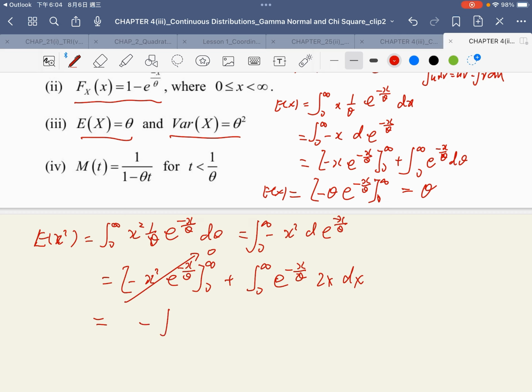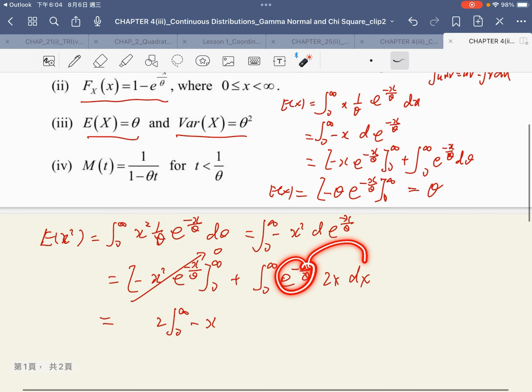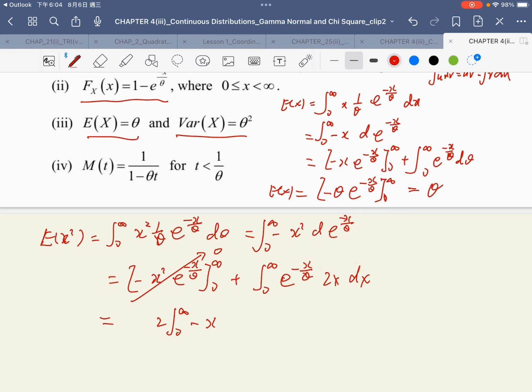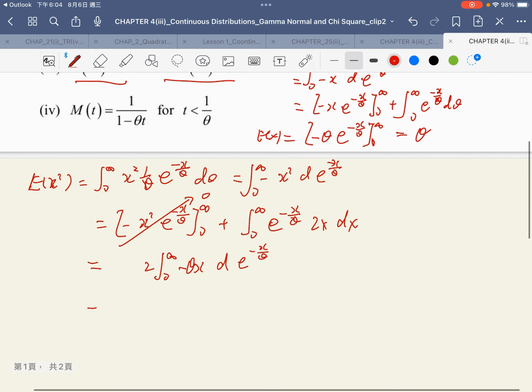Here I use integration by parts again. I put this into the differentiation: d e to the power negative x over theta times theta, negative 2 theta.